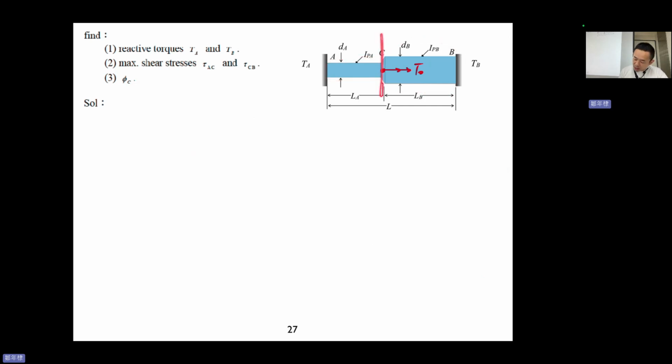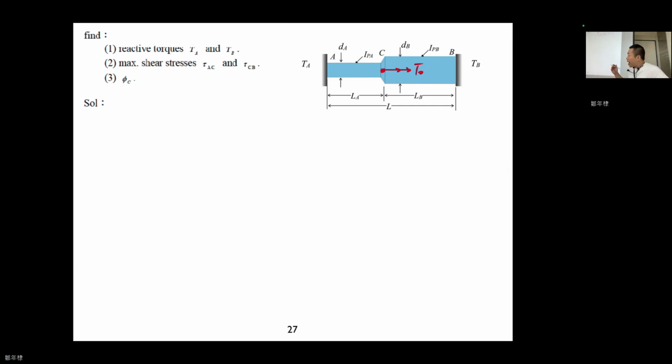And in the middle, it has a torsion T0. And then it asks us to determine the reactive torques TA and TB. TA and TB are because of the fixing to the wall, right? So now we can assume TA and TB have some values.